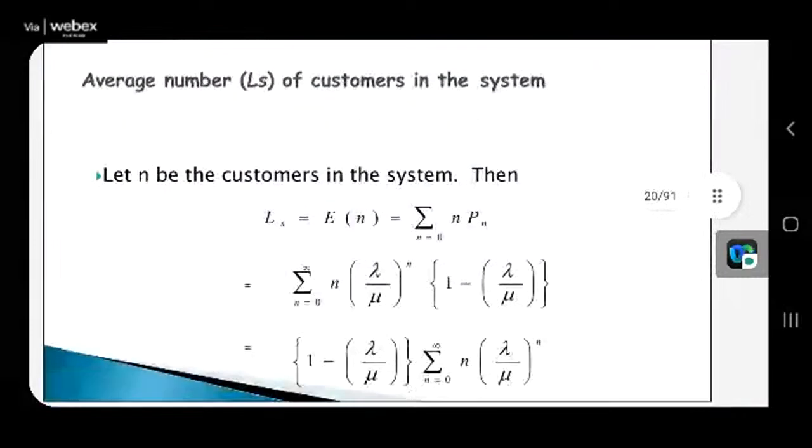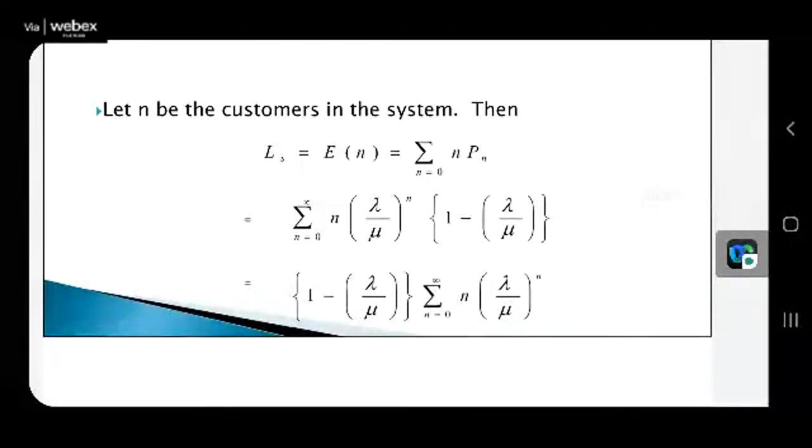So next, we'll see what is the average number of customers in the system. See, there may be 0 customers, and for that there is a probability, the probability of there being 0 customers. There may be 1 customer, and associated with that there is a probability that there is 1 customer in the system. So on till n customers. That summation will give us the average number of customers in the system.